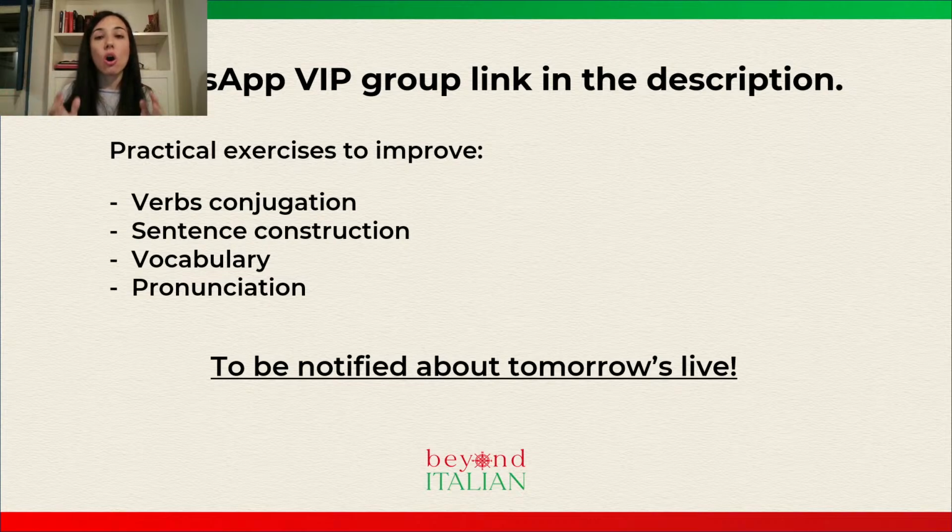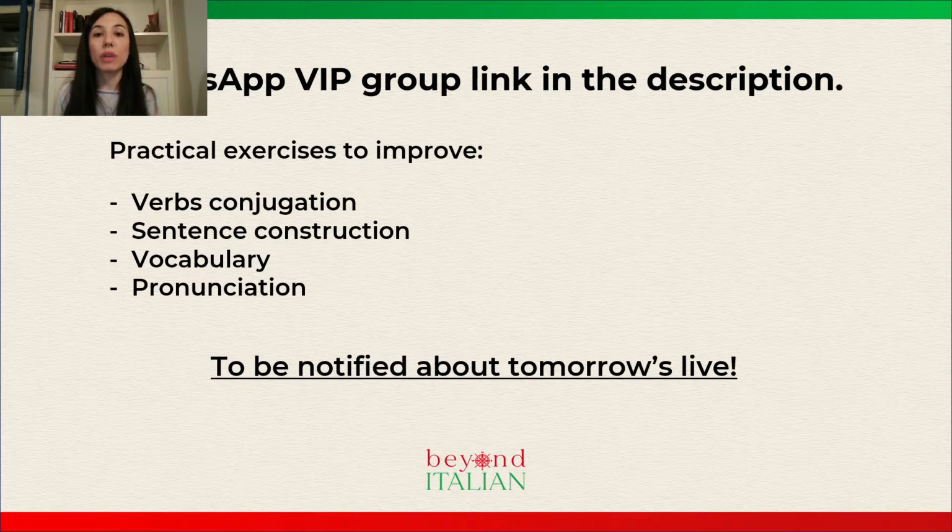For example, on Monday, I always share an exercise about verbs conjugation. So I choose a topic of the week, and then I share a verb connected to this topic and the conjugation of this verb. And then I build a sentence with this verb.